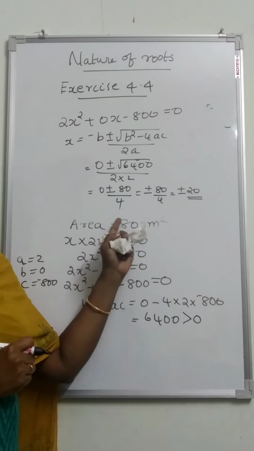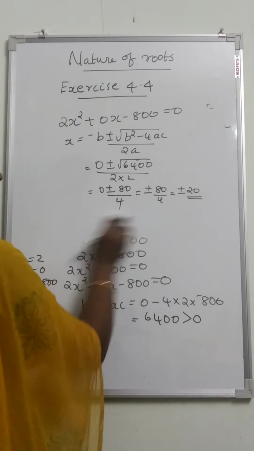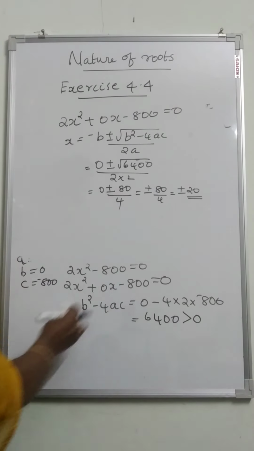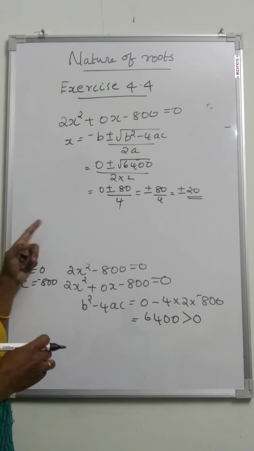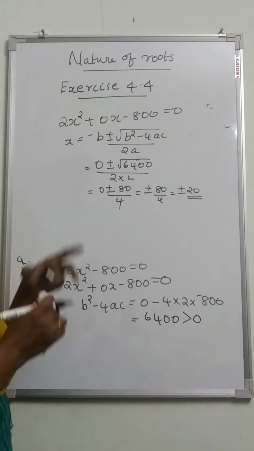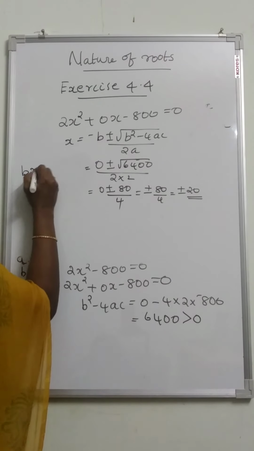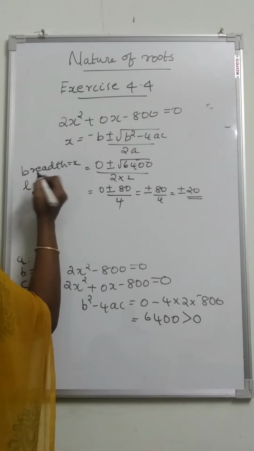Is minus 20 possible? Here, x is taken as the breadth of the mango grove, and length is equal to 2x.